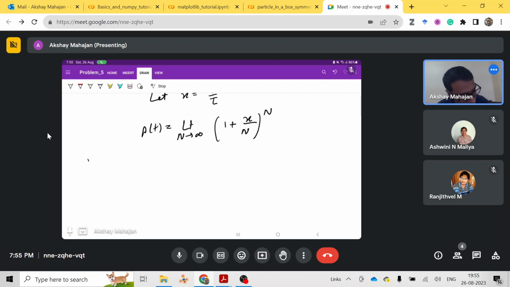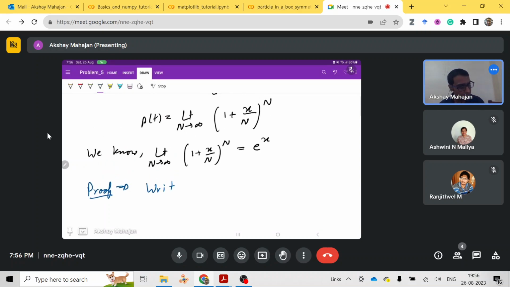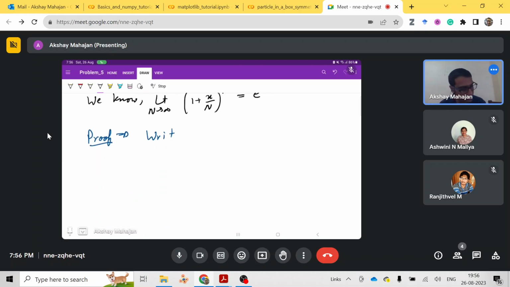Now we know that the limit n tends to infinity of 1 plus x by n, whole to the power n, is equal to e to the power x. Let me just prove it as well. This is something quite common, but let me give you the proof.